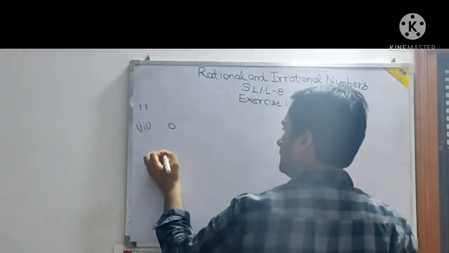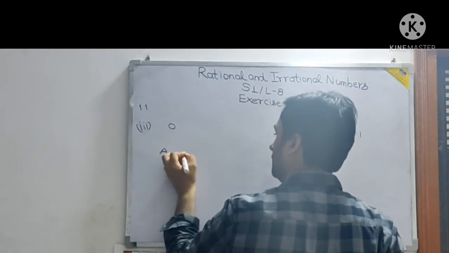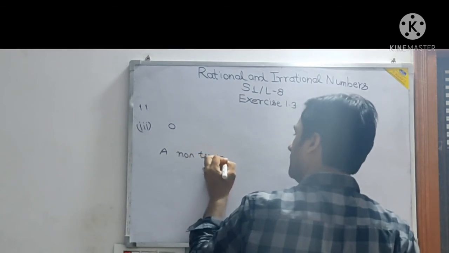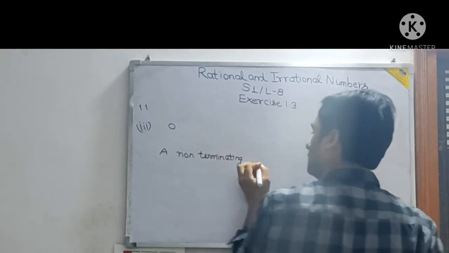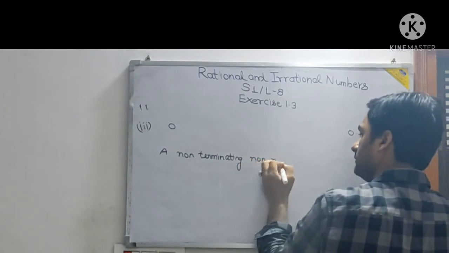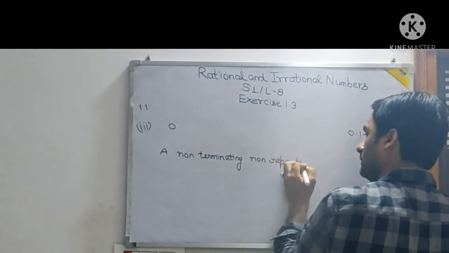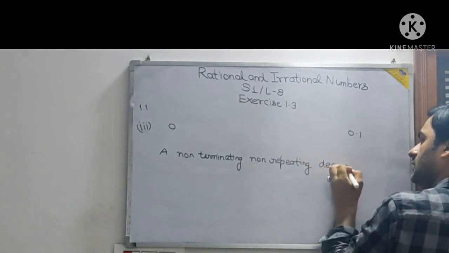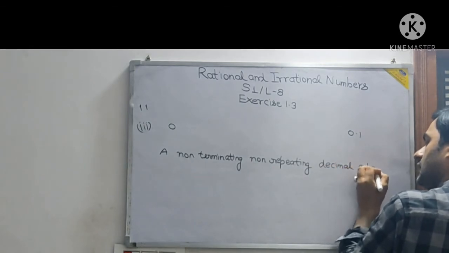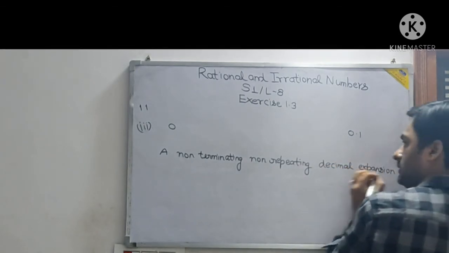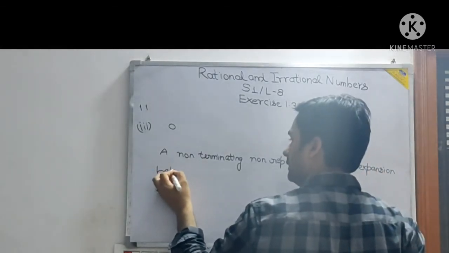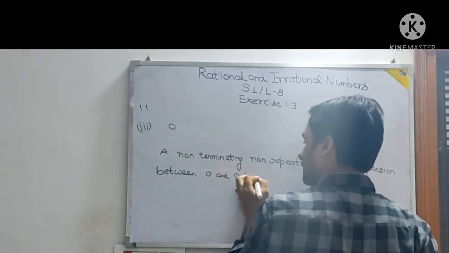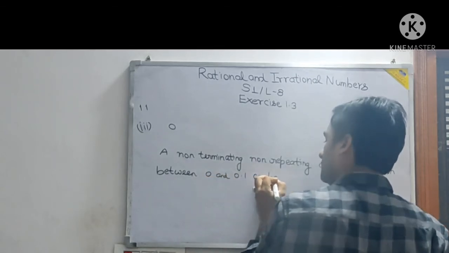So again you have the same statement. You write here: a non-terminating, non-repeating decimal expansion between 0 and 0.1 can be.